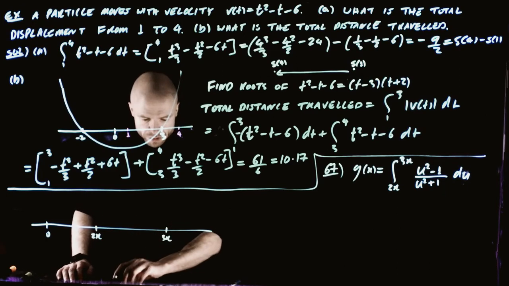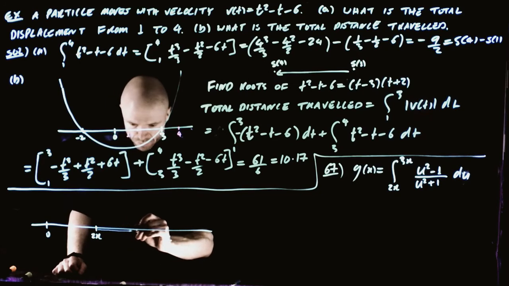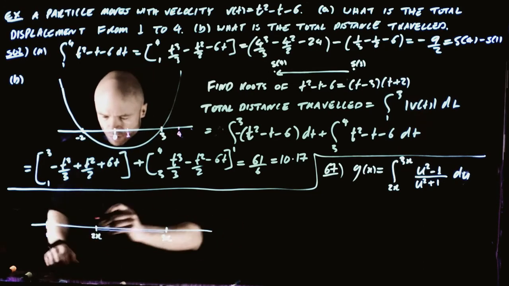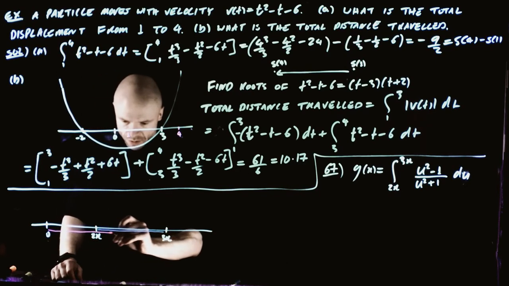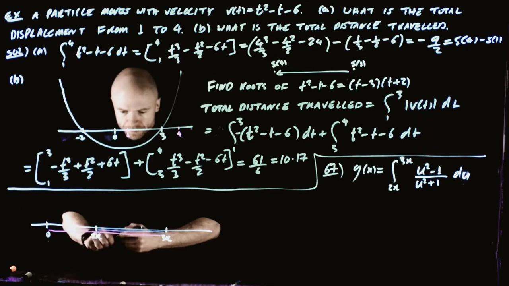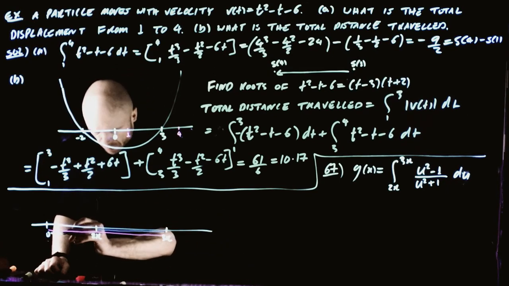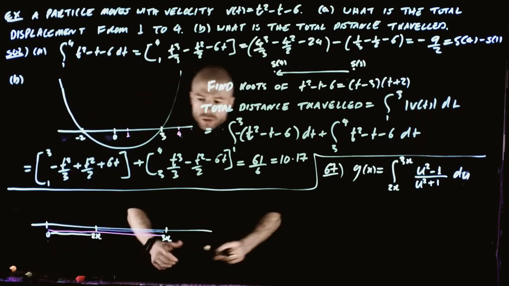So it's the integral over this thing right here. And that's the same as the integral from 0 to 3x minus the integral from 0 to 2x, right? As we can see.